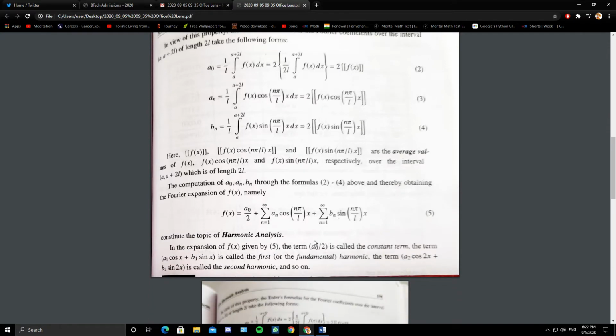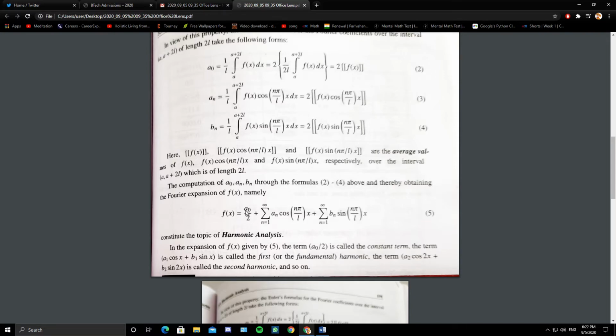The process of computing the Fourier coefficients a naught, an, bn using the mean value property, and thereby getting the Fourier expansion of f of x in this form, is called harmonic analysis.